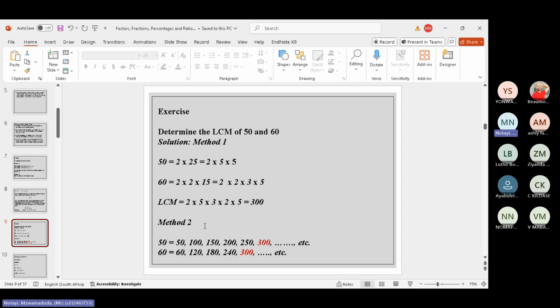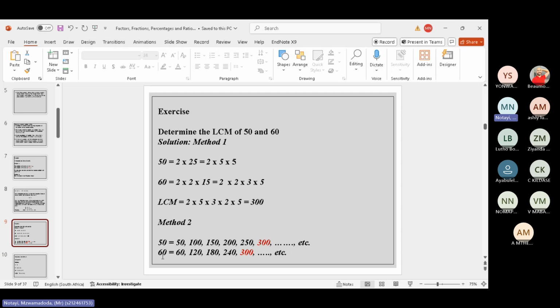Method 1, you list the multiples of 50. 50 times 1 is 50, 50 times 2 is 100, 50 times 3, 150, 50 times 4, 200, up to 50 times 6, where you get 300.